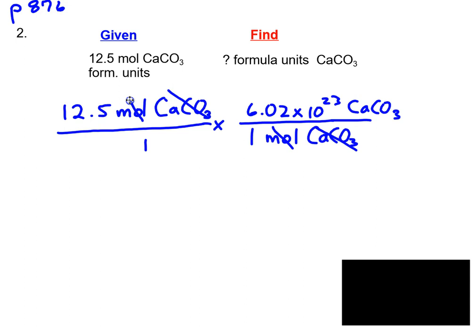So I recommend you do it this way. Get out your calculator and do it with me. If you're at home, stop the recording and go get a calculator. I'm putting in 12.5 times 6.02. What about the 10 to the 23rd? Forget it for now.